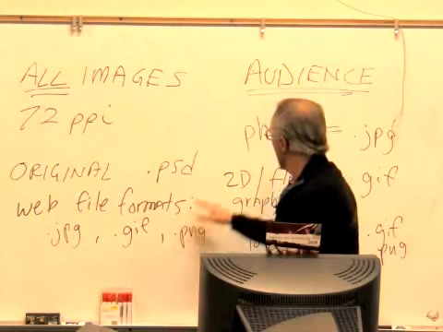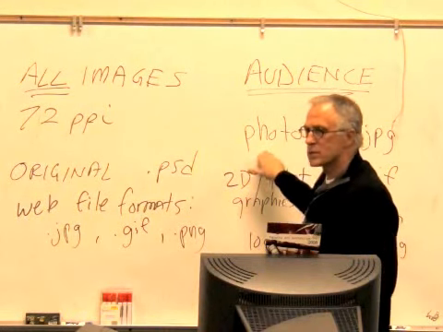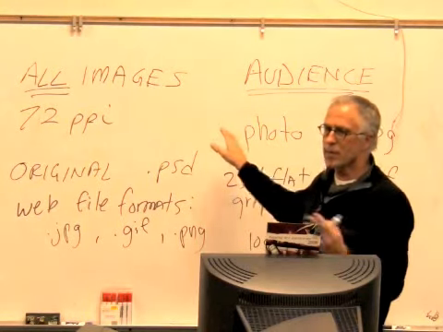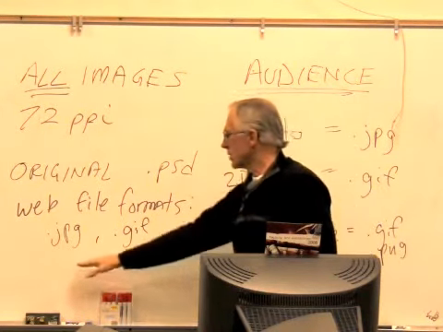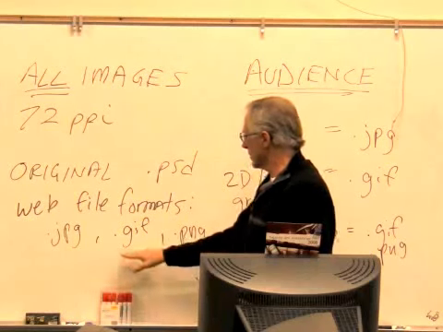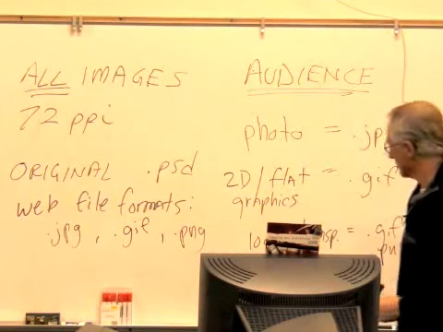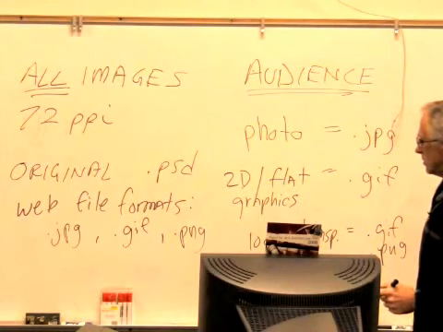If I have a photograph or an illustration that has tonal gradations, but I want to, for example, drop out the background, then I would no longer use a JPEG, I would use a GIF or a PNG.